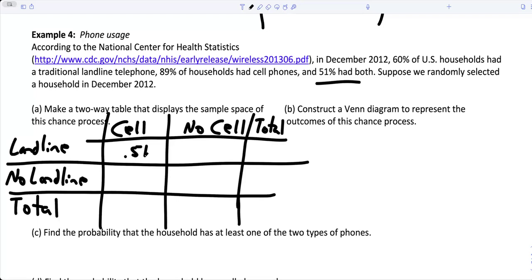Now let's go this way across. What total percentage had landlines? 60%. So the total for landlines was 0.6. And so how many go right here with the no cell? It would be 0.6 minus 0.51, which is 0.09.